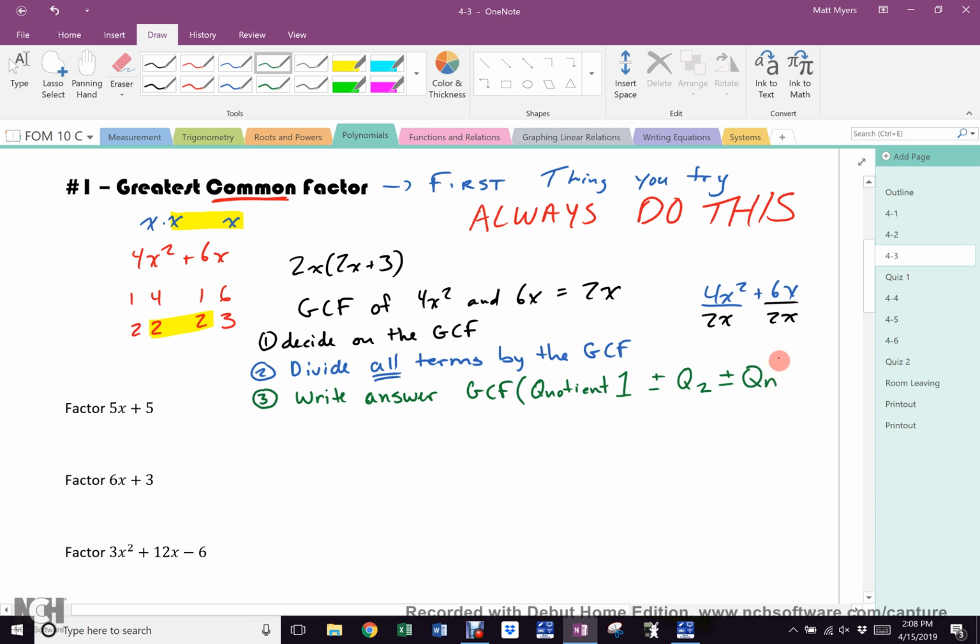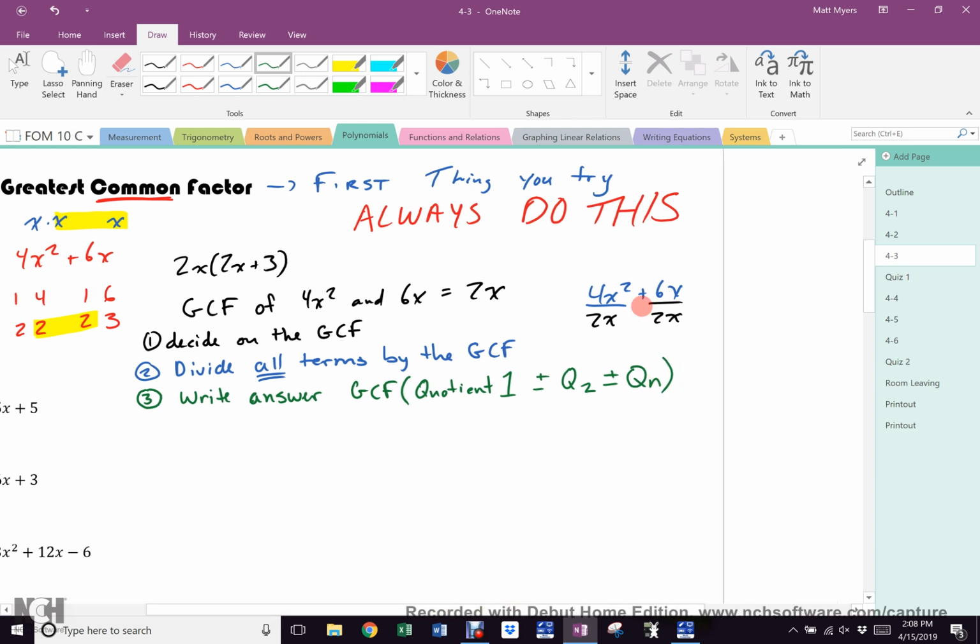Okay? So, step 3 here, which I will do in green, what was our GCF in this question? 2x. So I write GCF first, then a bracket. What is the answer to 4x squared divided by 2x? 2x. 4 divided by 2 is 2.